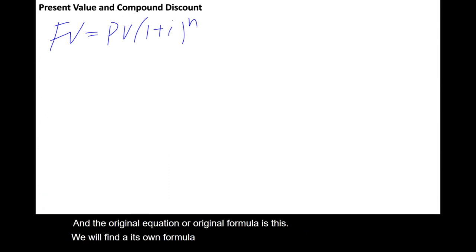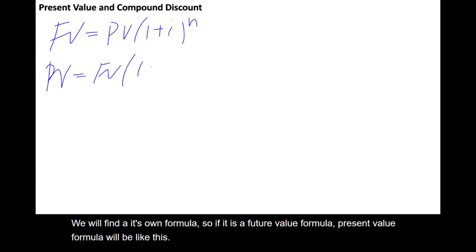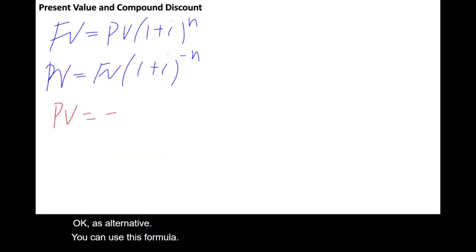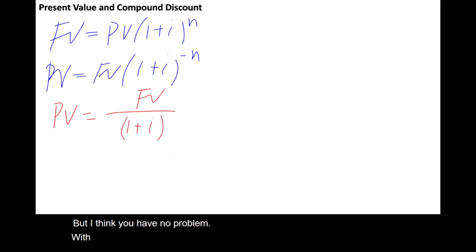So if it is a future value formula, the present value formula will be like this. As an alternative, you can use this formula, but I think you have no problem with a negative exponent.